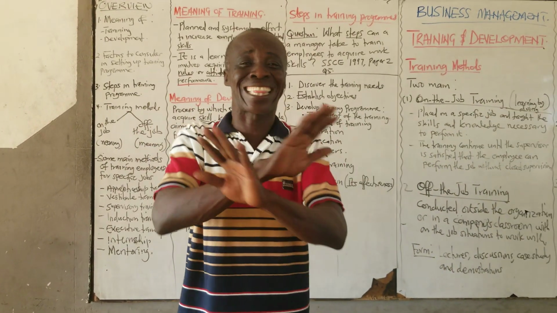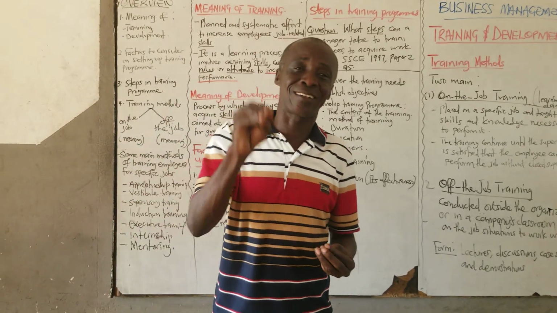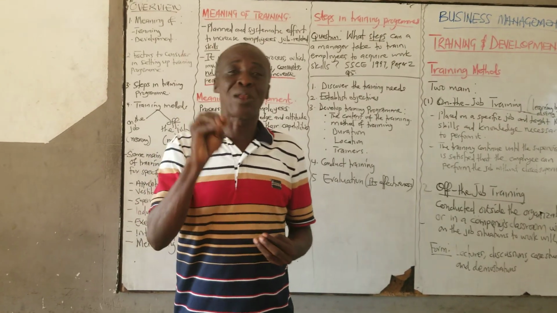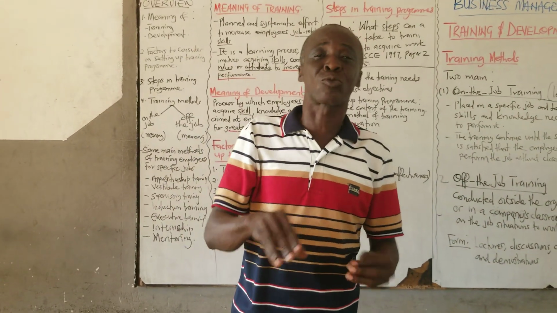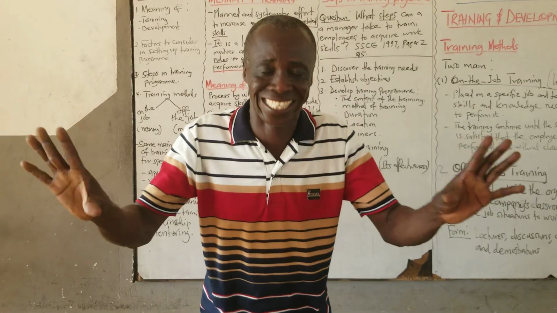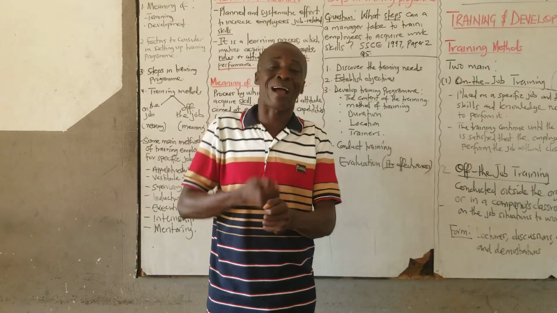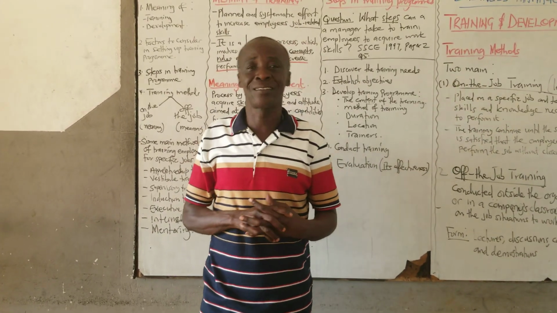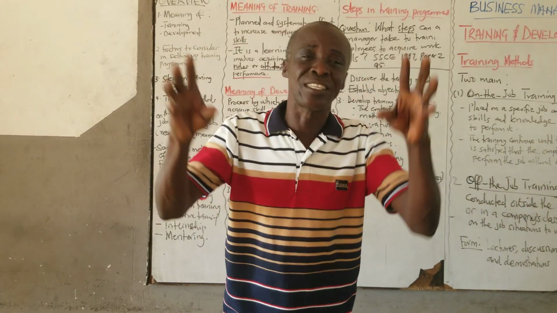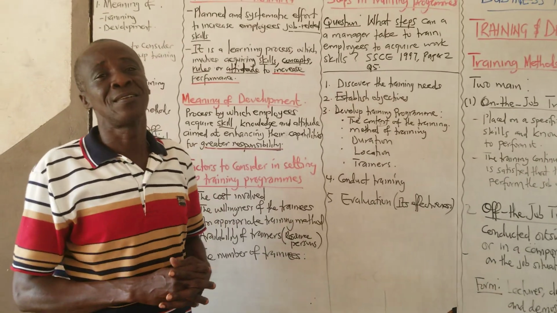But we are looking at the skills, the concepts, the rules, whatever the worker or the employee lacks. And therefore, you want the person to acquire that skill. That is the person's training need. So the first thing you need to do is to discover the training needs.